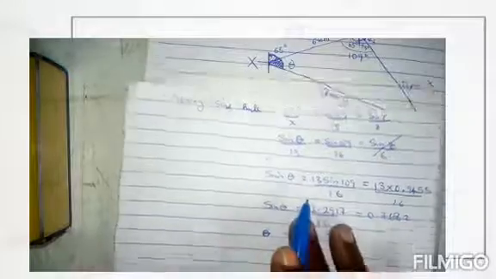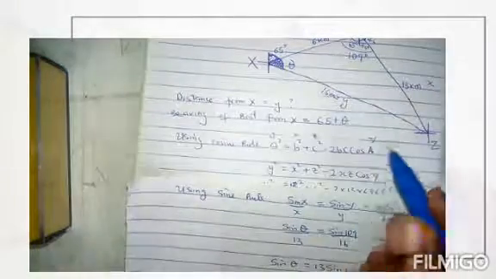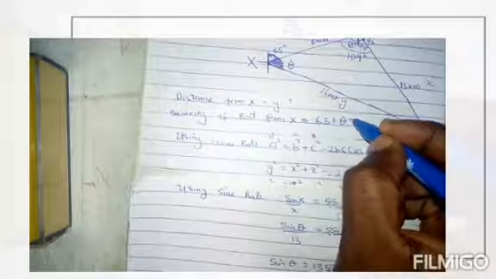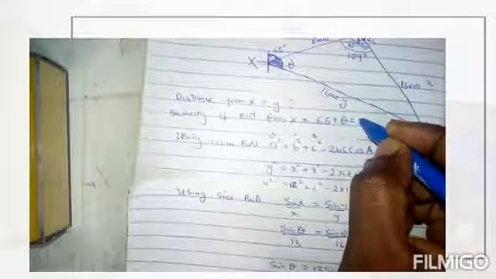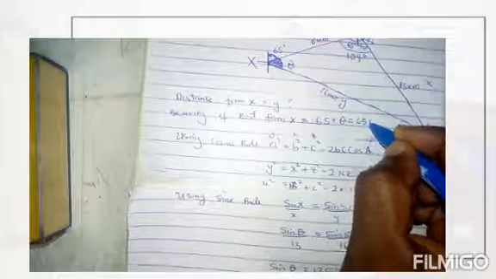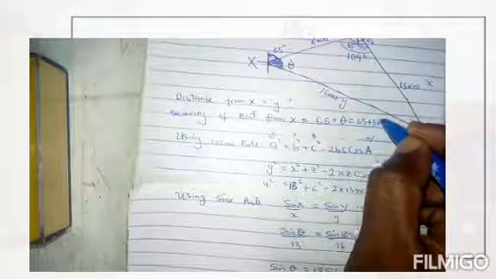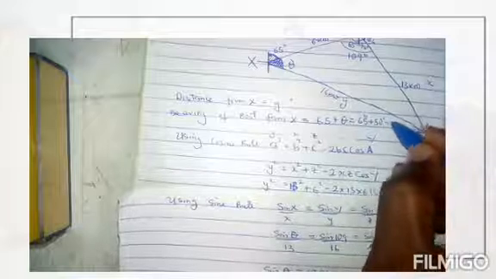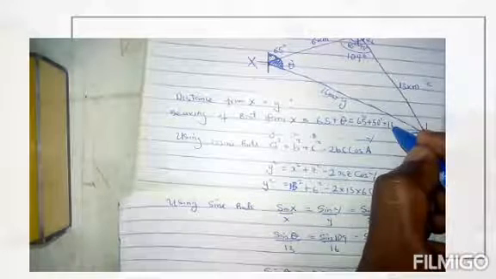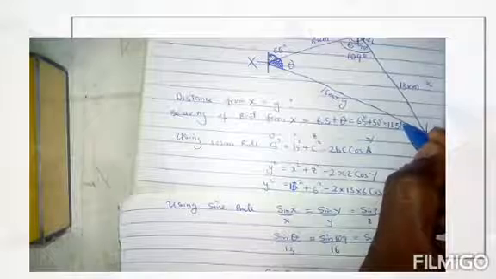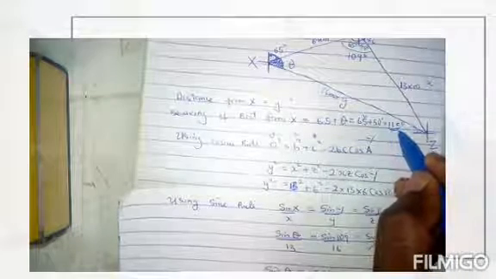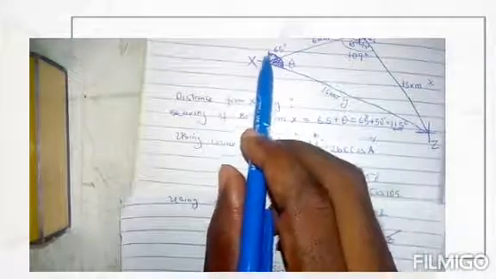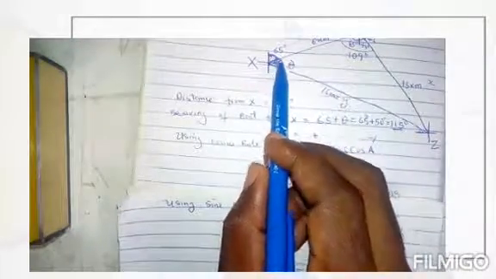This is just theta. Our bearing of the boat from X will be 65 plus 50 degrees. So that will give you 115 degrees. So this is the bearing of the boat from X, this entire angle.